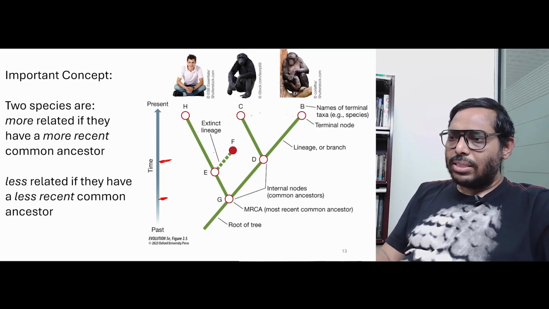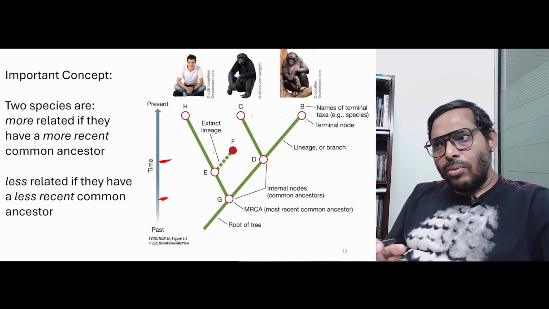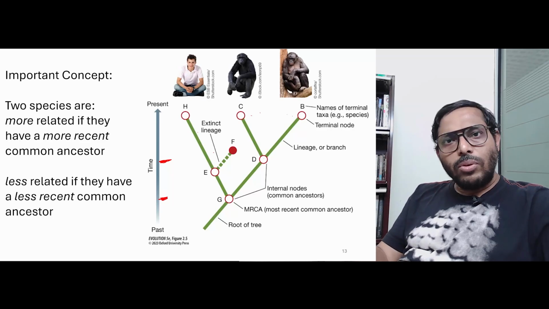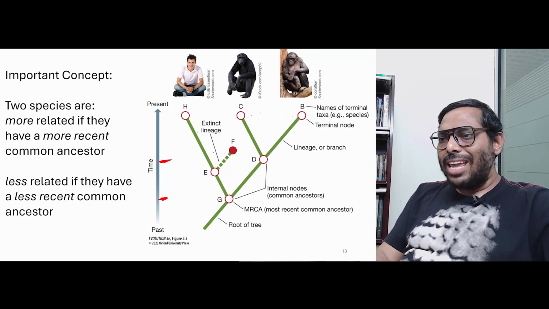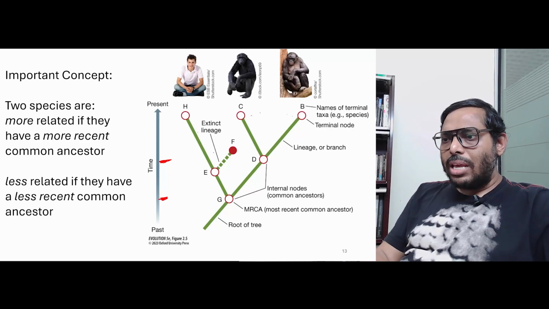And you can see that is happening because this common ancestor for chimpanzees and bonobos is later in time compared to this one. Now, this is a very simple way of thinking about a tree. In this particular case, we are just saying time, but we are not really calibrating the time. We are not saying how much time has elapsed between this and this.